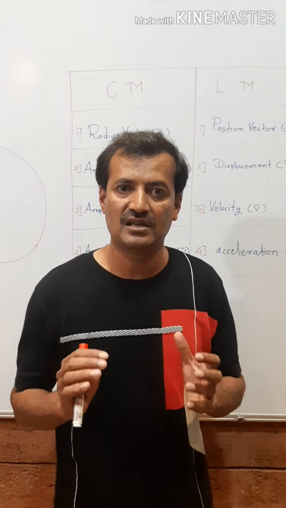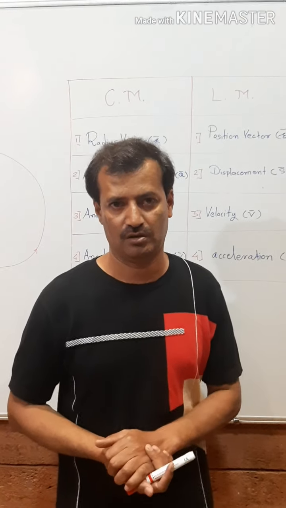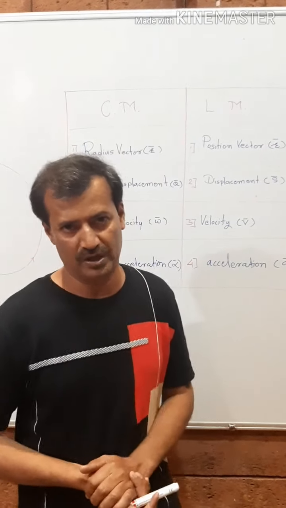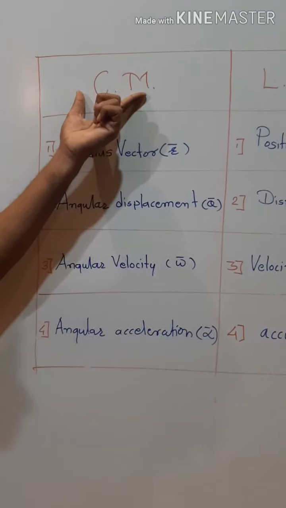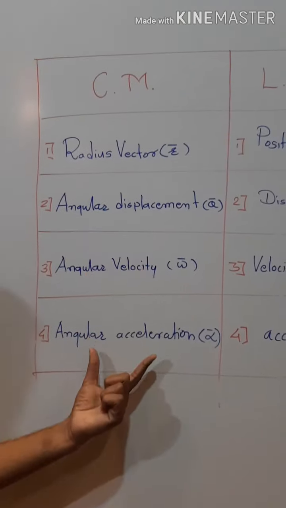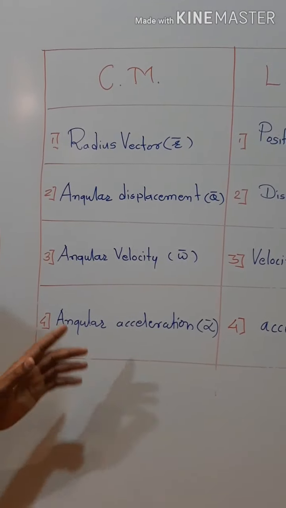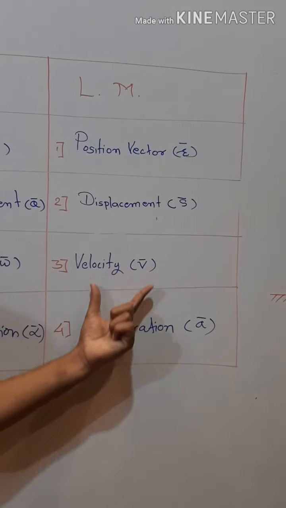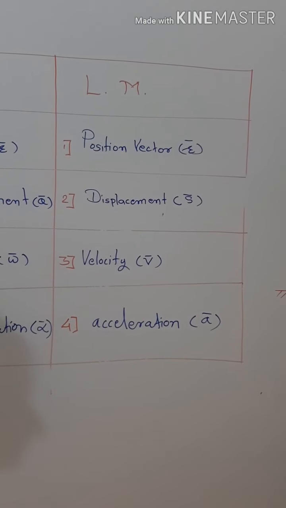For a better understanding of the kinematics of circular motion, we must know the analogy between the physical quantities from circular motion shown in the first column of the table and the physical quantities from linear motion shown in the second column of the table.